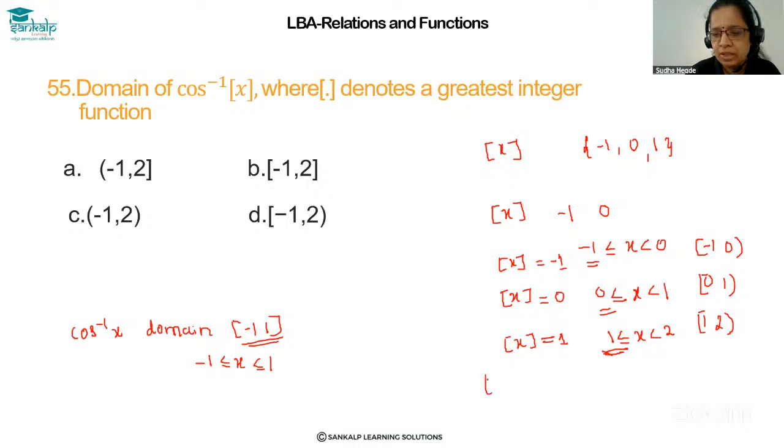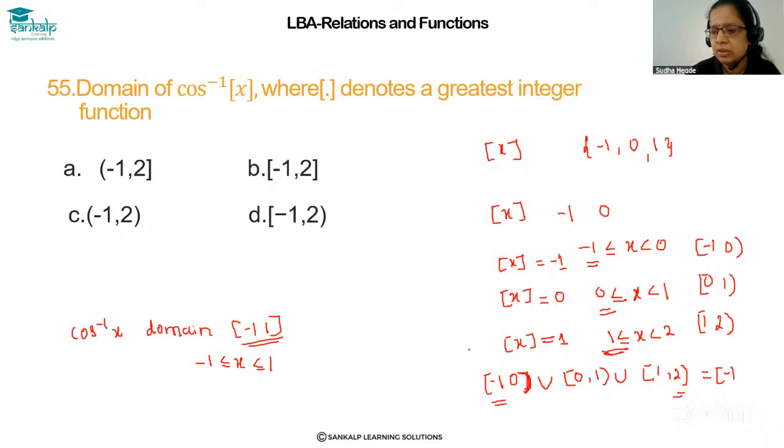Take the interval -1 to 0, with 0 open, union 0 to 1, this side open, union 1 to 2, open. That gives closed -1, open 2.